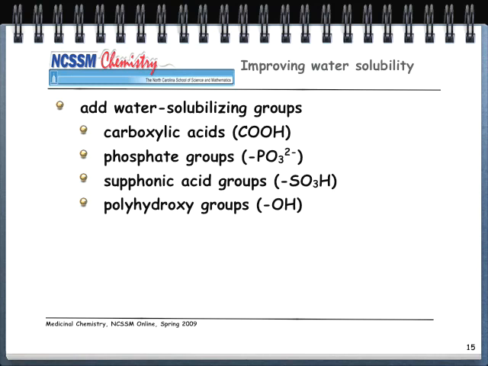We can add a bunch of polyhydroxy groups, so we can add a bunch of OH groups to improve water solubility. We can add ethers. In some cases, we can actually even add a sugar to a molecule, and that will help improve its water solubility. So there are specific functional groups or types of molecules, parts of molecules, that we would call water solubilizing, and we'll look at this a little bit at the end of this podcast.